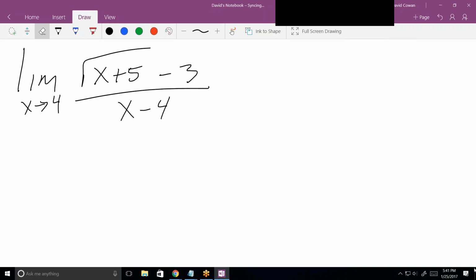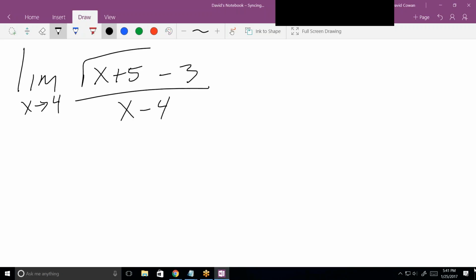In other words, the first step is always substitution because you're not always going to get 0 over 0. They might give you a test where the very first problem is not 0 over 0. It's like 2 over 7 or something. So substitution is always the way you want to start. But once you get 0 over 0, then what should I do here?